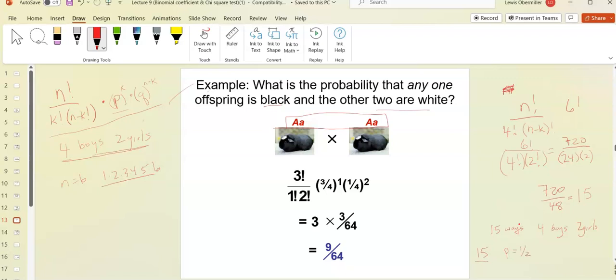You have a 50-50 chance of having a boy. And we have to raise that to the power of the number of boys that we have, right? If it was this straight order, it would be 1/2 times 1/2 times 1/2 times 1/2, which would be the chances of us having 4 boys in a row, right? And that's simply what this is.